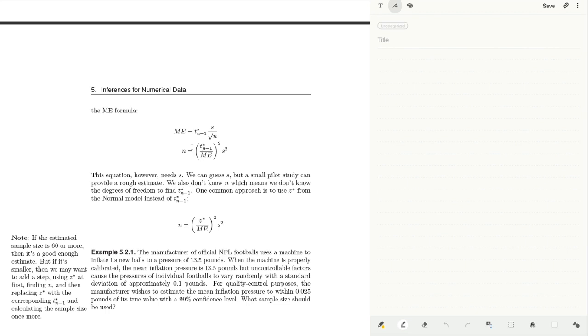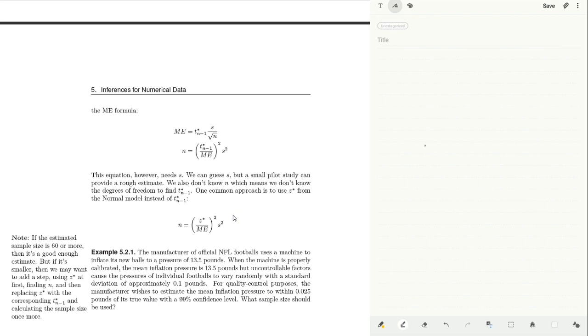So a common approach is to use the critical value that comes from the normal model instead. So if we were to replace the t critical value with the z critical value from the normal model, we can calculate the sample size by using this formula. And if the estimate is 60 or more, then it's a good enough estimate.